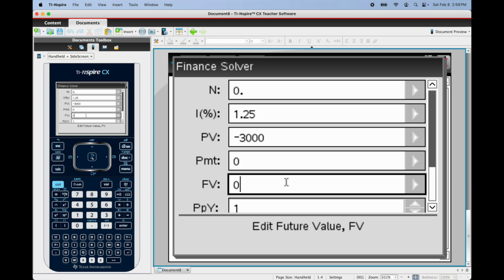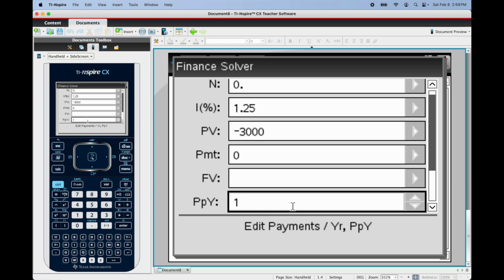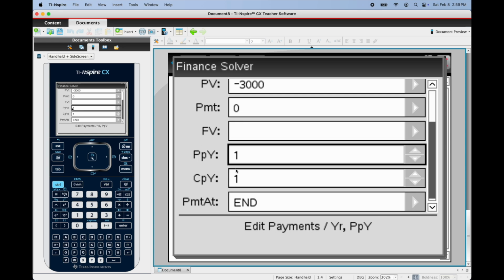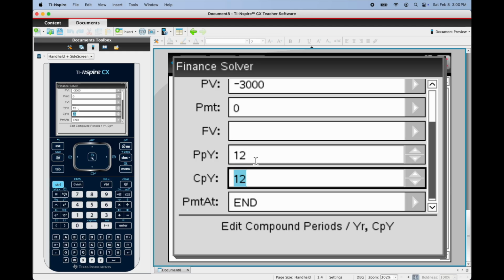Final value is what we want to know. Payments per year. In this case, for a simple compound interest problem, CPY and PPY we would keep the same. So compounding periods per year, the bank gives us interest 12 times a year. For compound interest basic problems, we keep these the exact same.